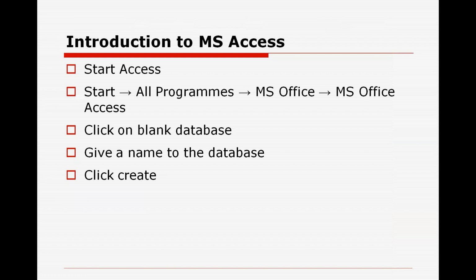Okay, then we can go to Access, introduction to MS Access. You can start Access using whatever method. You know that MS Office applications can be started in several ways. You can simply go to all programs, or use desktop shortcuts.